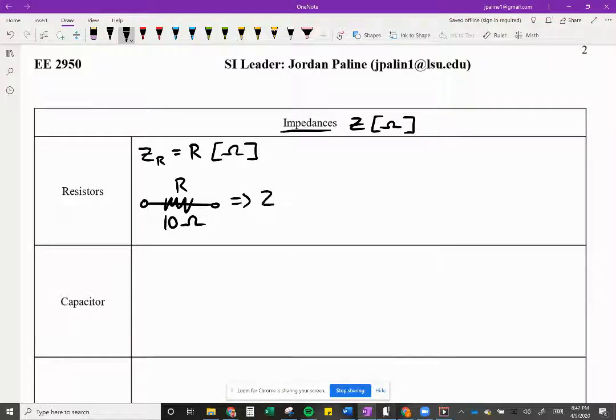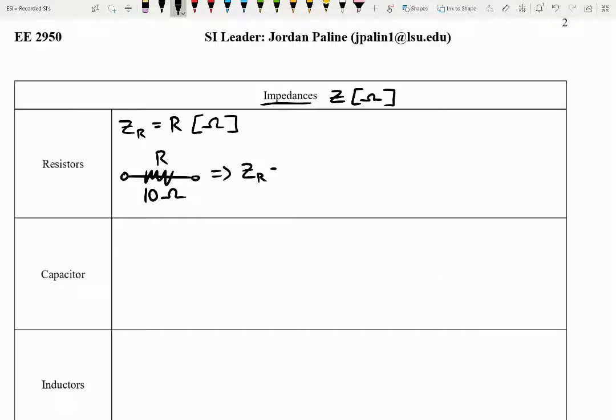Therefore, our impedance value will equal 10 at an angle of 0 ohms. This is the real part of it. Notice that we're pulling that phase angle in there. It's an angle. So the angle is 0 for a resistor.